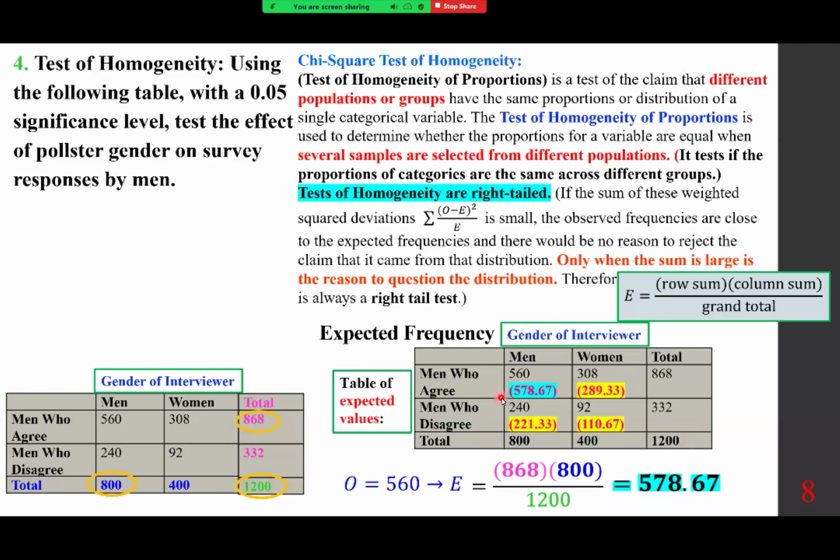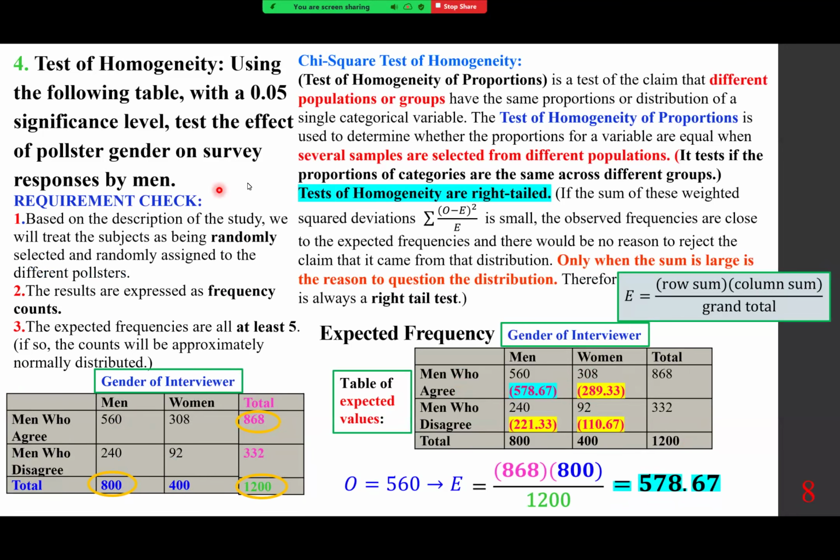If they are independent, that would be the expected result. So men who agree, there are 560, but if they're independent, the expectation should be 578.67. Women, 308, but the expected value is 289.33. That's the idea.